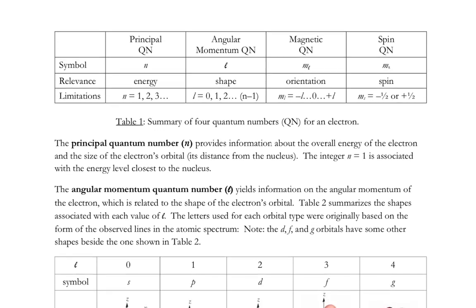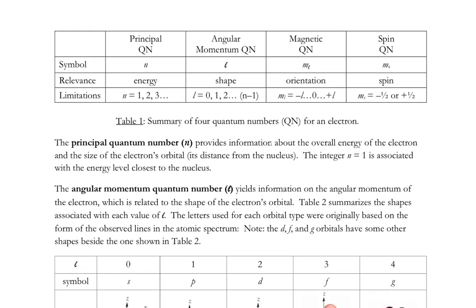Here we have the four quantum numbers in this table. The first quantum number, called the principal quantum number, symbolized n, has to do with energy. And it can take on integer values 1, 2, 3, 4, and so forth.